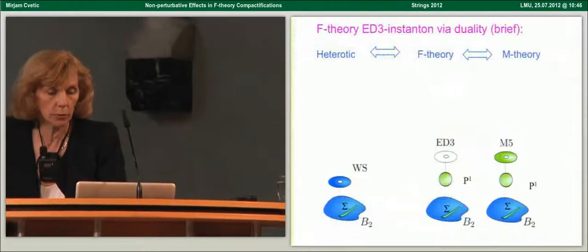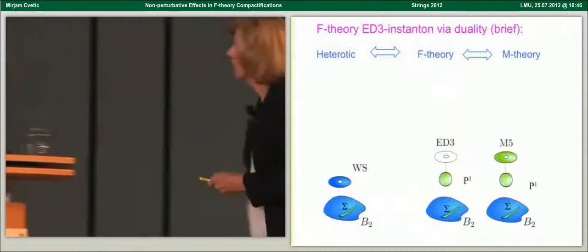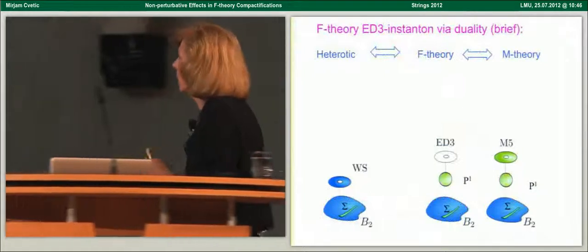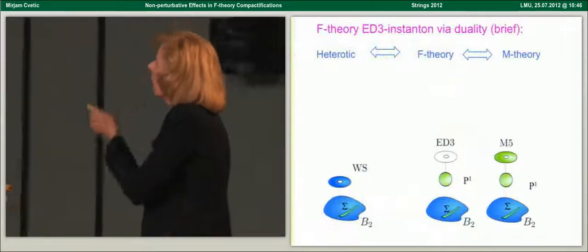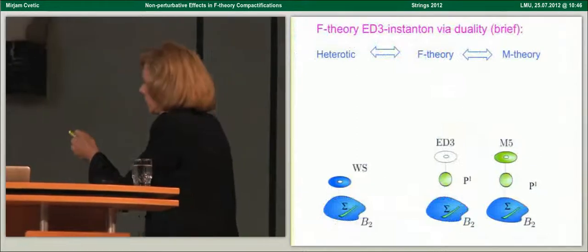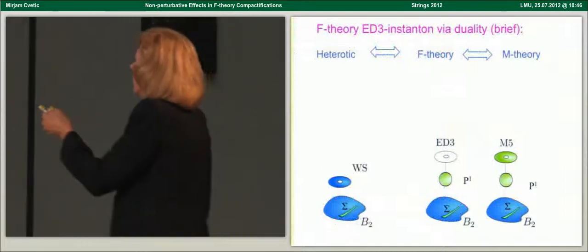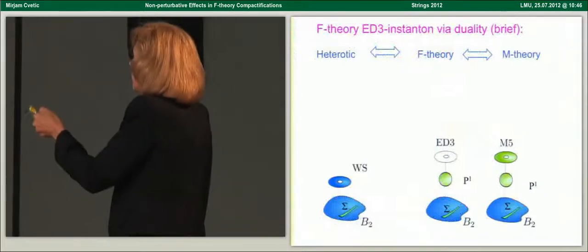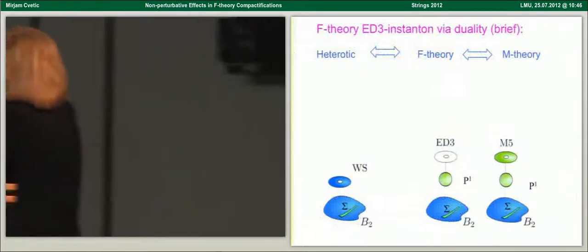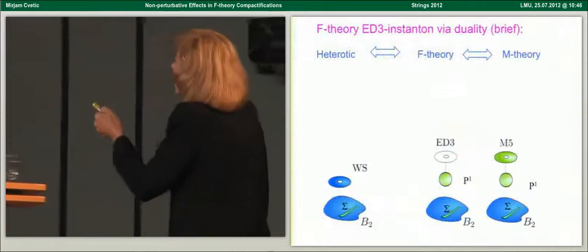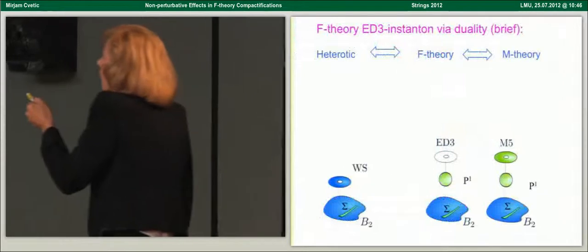And now let me get to a more concrete realization of some of those things. I do want to say that while our proposal is directly in F-theory, we often use dualities to relate the description of F-theory and an instanton wrapping a particular divisor in F-theory to a dual description, in particular one that is very straightforward and interchangeably used: the duality to M-theory.